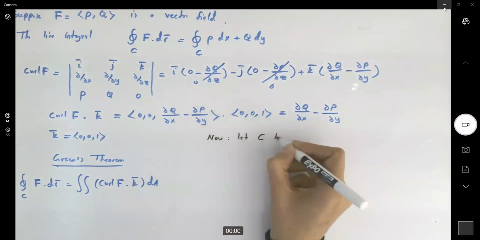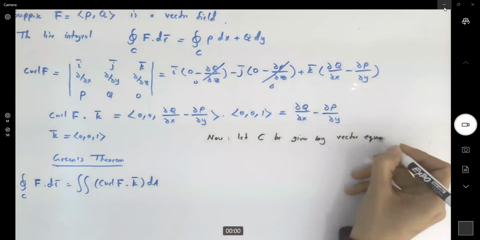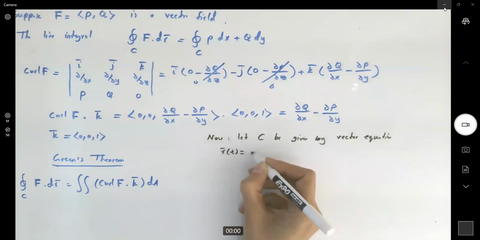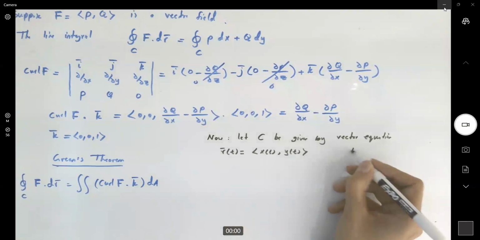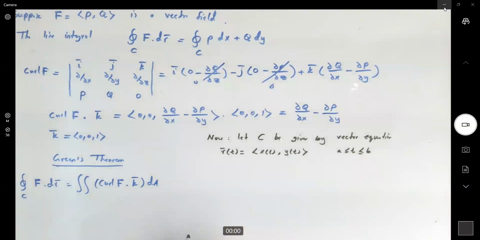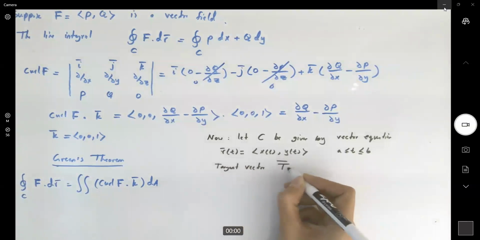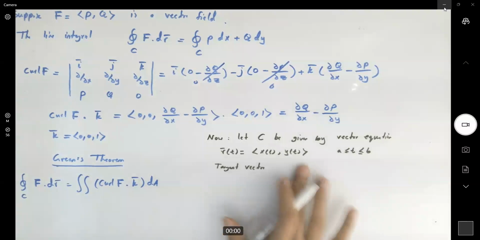Okay, so now let C be given by the vector equation as follows. Suppose r(t) is equal to x(t) and y(t), and t is bounded between a and b. Recall that the tangent vector T, let's make it a unit tangent vector.